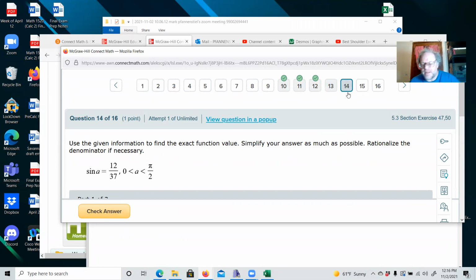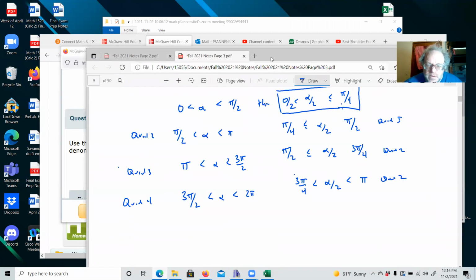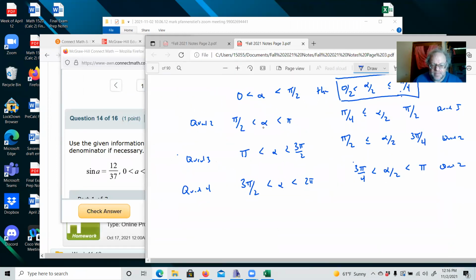So what we have to do here is we've got the sine of A is equal to 12 over 37. So we have sine A equals 12 over 37.